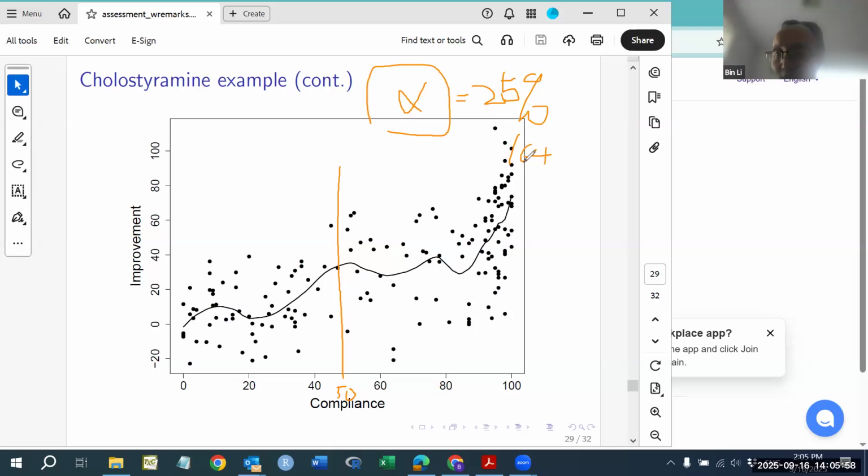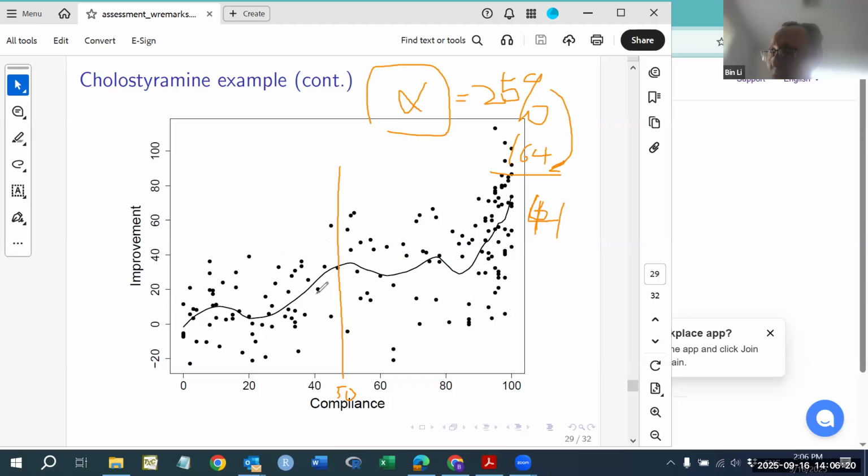That means for the whole sample, we should choose 41 observations as our neighbors. That's about 25%. Is that right?